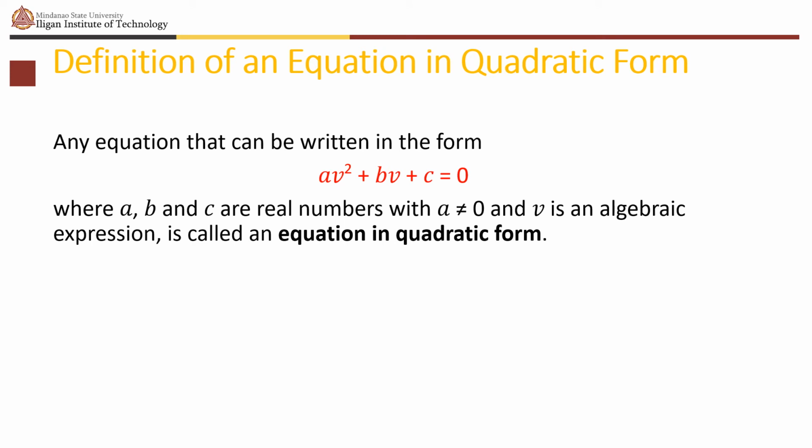That is, any equation that can be written in the form av squared plus bv plus c, this time is what we call an equation in quadratic form. So we have studied quadratic equations, but this time some equations can be seen as in quadratic form.